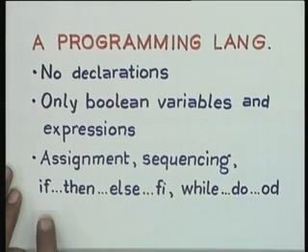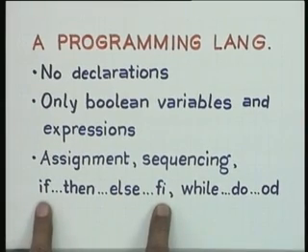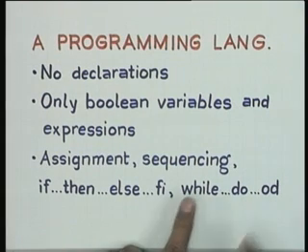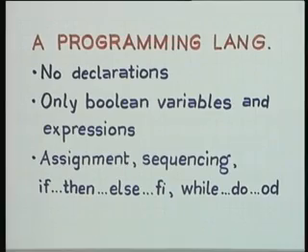We have a perfect bracketing between these. For example, our conditional construct has a perfect bracketing, there is an if with a fi and a while do with an od. Okay. So, there is no possibility of ambiguity except in the case of one construct.